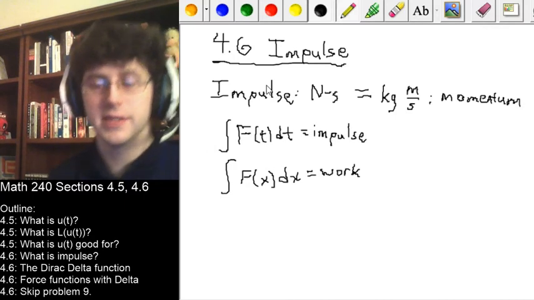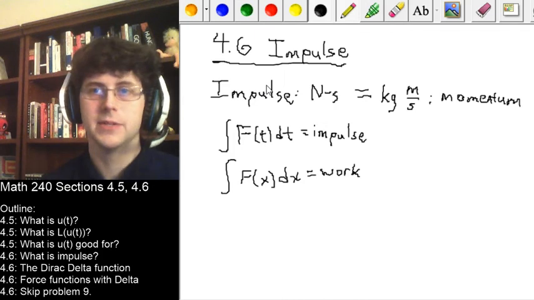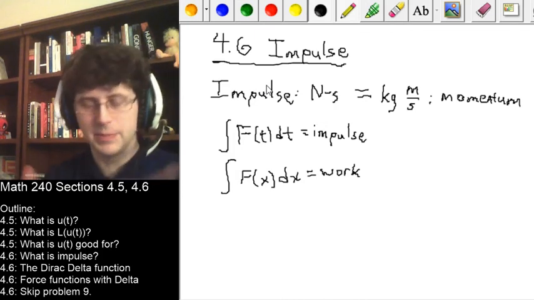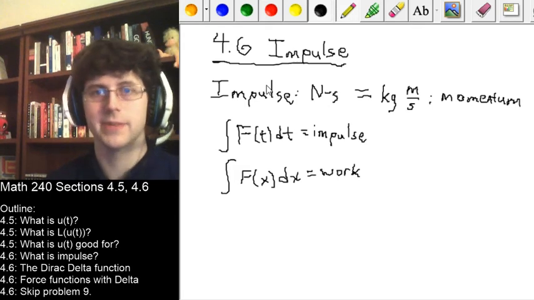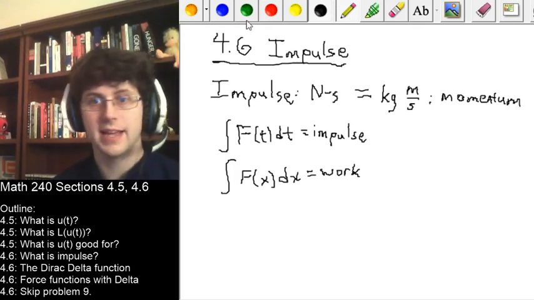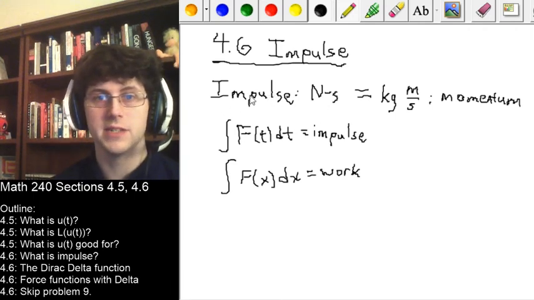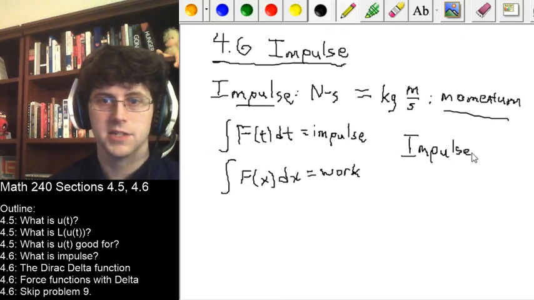If you want to go into the details of how exactly they're different, I'm going to tell you the way I think about it, but you should not trust me. I should be last place on your list of people that you trust for exactly how you're supposed to think about physics units. You should talk to a physics expert. But the thing I understand about impulse and momentum is that you should think about impulse as a change in momentum. So let's write that: impulse is a change in momentum.